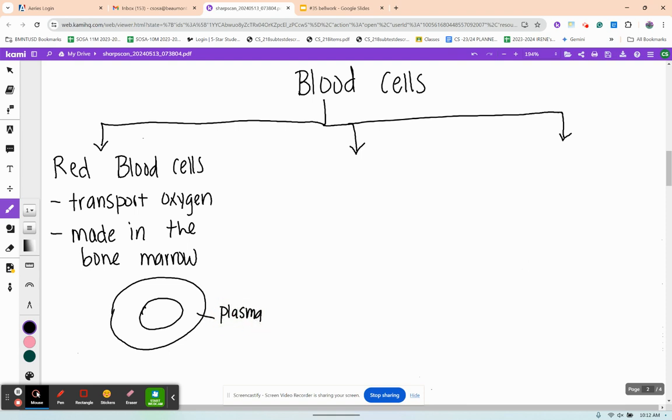So the plasma membrane is the part that carries our hemoglobin. And hemoglobin pretty much is a protein that helps us carry oxygen, okay?